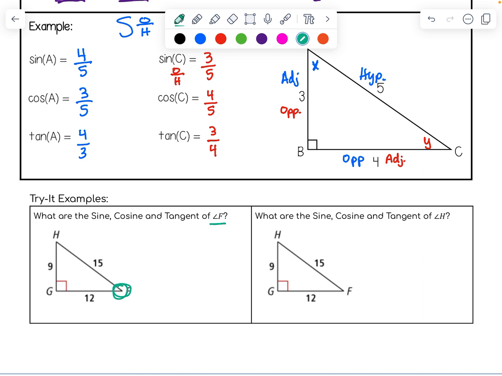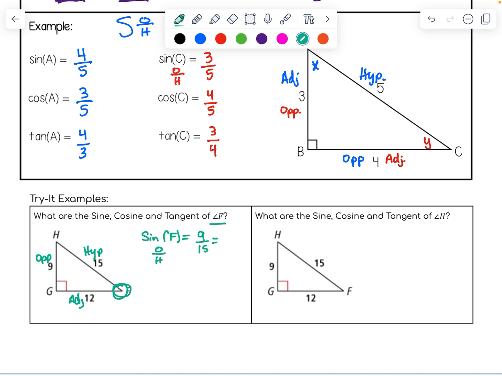That means 9 is my opposite, 12 is my adjacent, and 15 is my hypotenuse. So if I want the sine of angle F, I would do opposite over hypotenuse. So that would be 9 over 15.